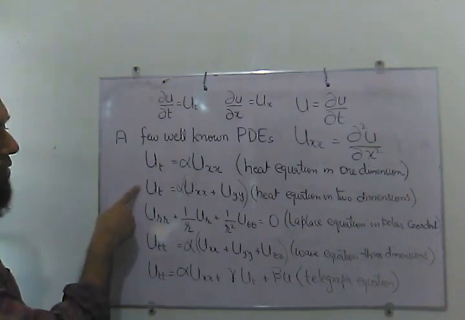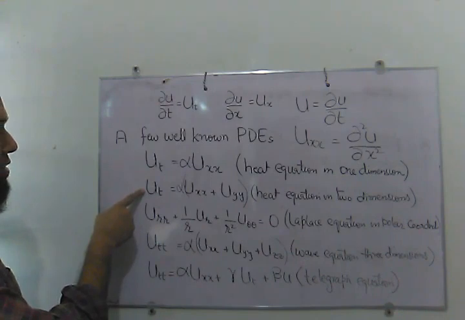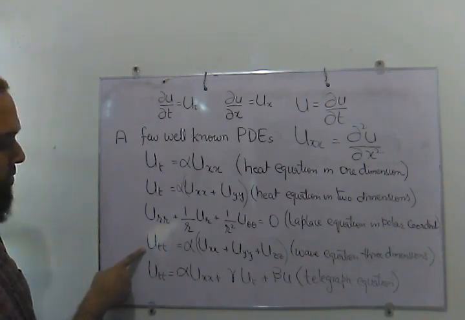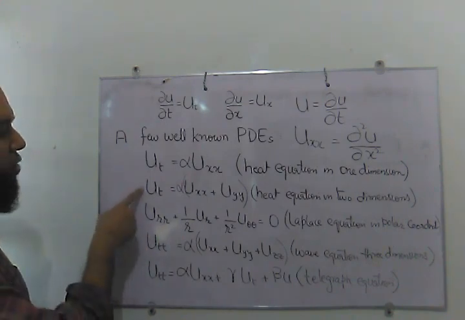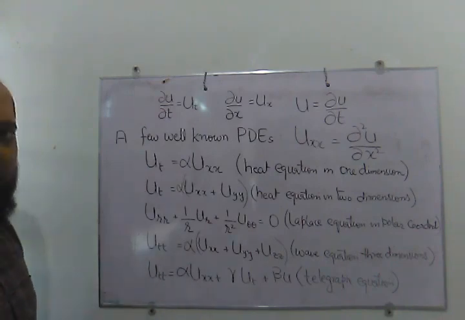What is the only difference between the heat equation and the wave equation? That the symbol is a single derivative in the heat equation with respect to time, and in the wave equation it is a double derivative with respect to time. However, u represents one thing in the heat equation and another thing in the wave equation.